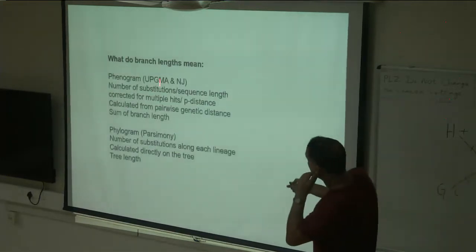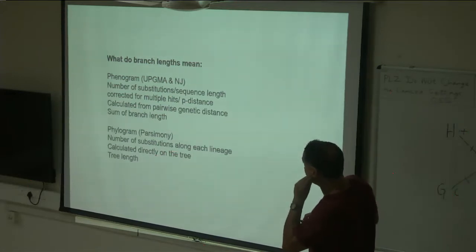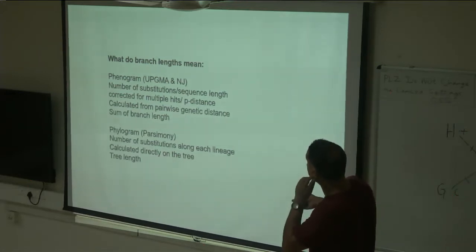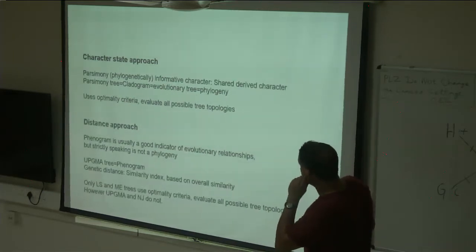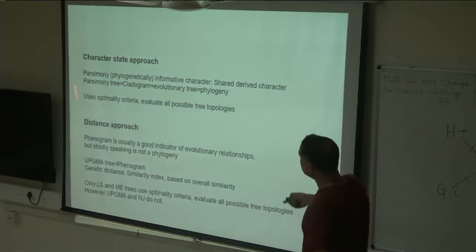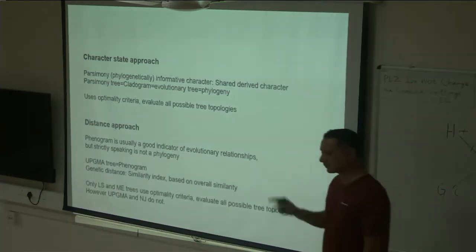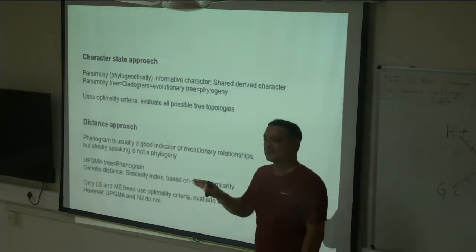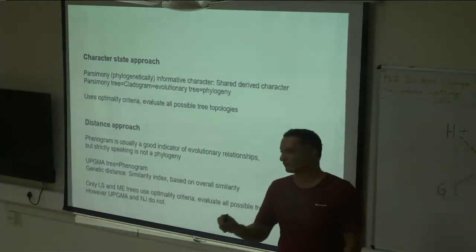Yeah, I just talked about the branch lengths. What are they called? Number of substitutions along each lineage and all that. All right. Once again, distance-based tree building methods, as I mentioned earlier, the clustering algorithms, strictly speaking, are not evolutionary trees.